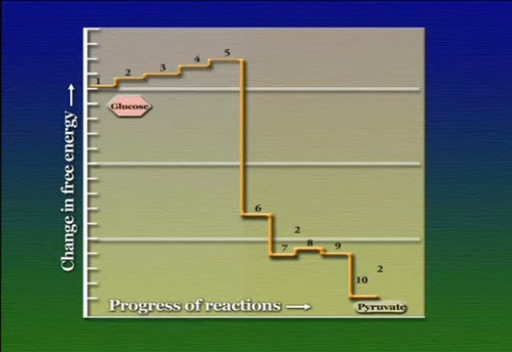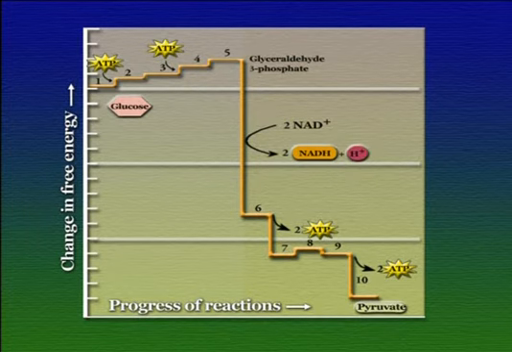However, if we graphed out all 10 of the steps between glucose and pyruvate, we'd notice something a little bit less expected. Specifically, the first 5 steps in the glycolytic pathway actually go uphill energetically. In other words, these first 5 reactions don't step glucose down to lower energy levels, but in fact step it up to higher energy levels.